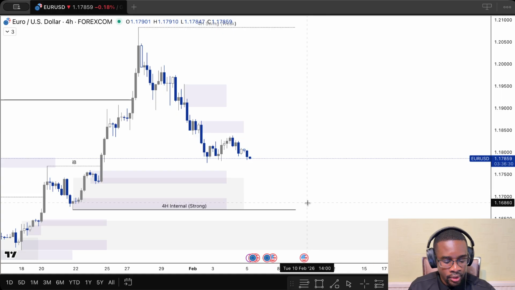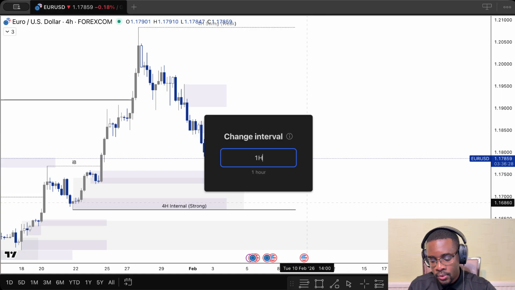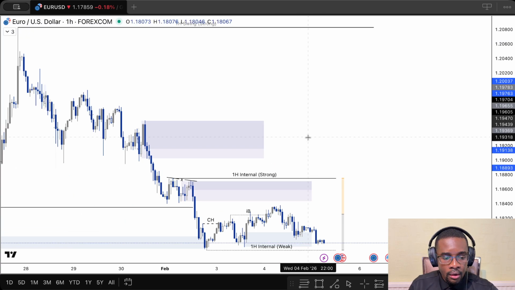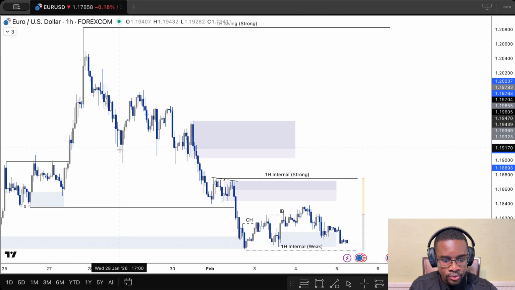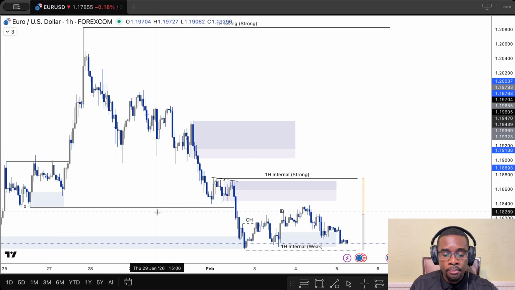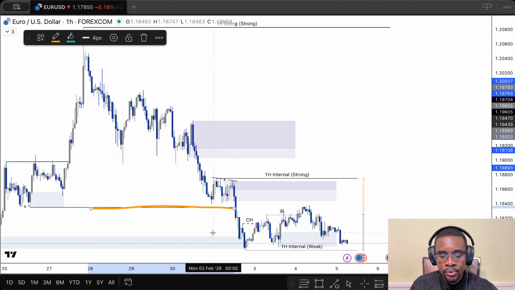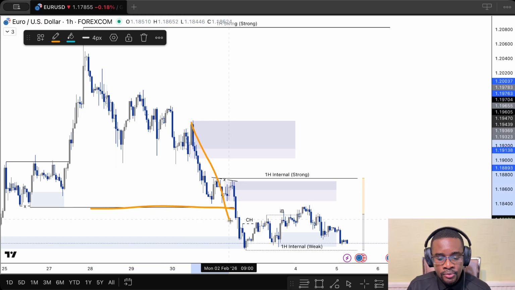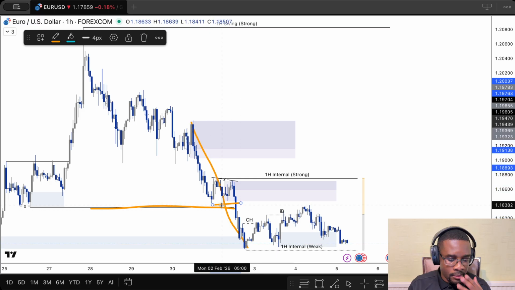So we are pretty much very bearish. And then on the 1 hour, the 1 hour swing has switched bearish right there when we broke structure to the downside, and this has been my pretty much internal range.